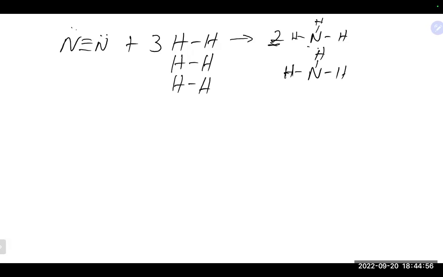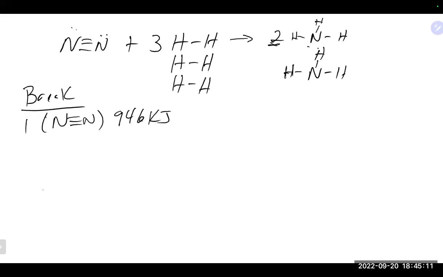So now we're ready to break and make here. We're going to break one nitrogen triple bond, which is important that you did not get single or double there. That's a 946, I believe. We're also going to break 3 hydrogen single bonds, one in each of these, and each of those is about a 436.